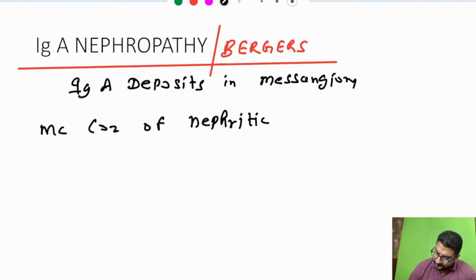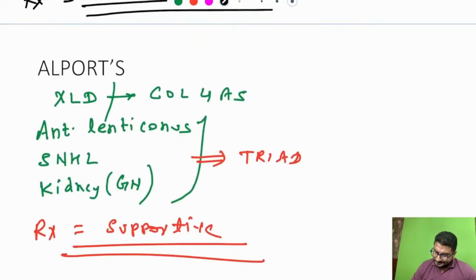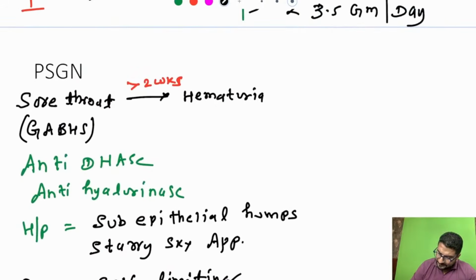It affects children in developed countries. In developing countries, PSGN is more common.